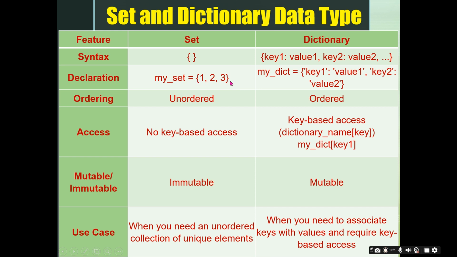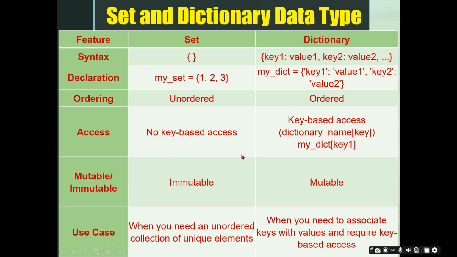So inside the curly brackets I have given the data values, and for the dictionary I have given key-value pairs. Here you mention your first key name, then the corresponding value, and the next key, and it goes on. So regarding ordering, a set is unordered, whereas a dictionary is ordered.